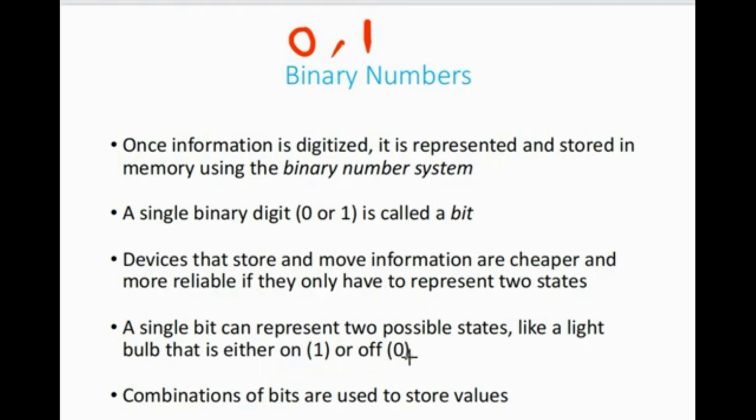So combinations of bits are used to store values. All in all, in summary, binary involves zeros and ones, and a bit can either be a 1 or a 0, where 1 is on and 0 is off. So zeros and ones allow us to represent two different states, for example, on or off.